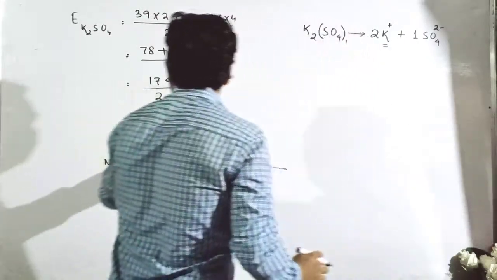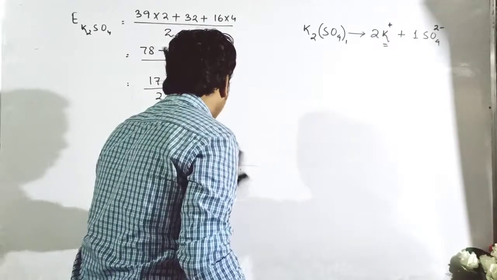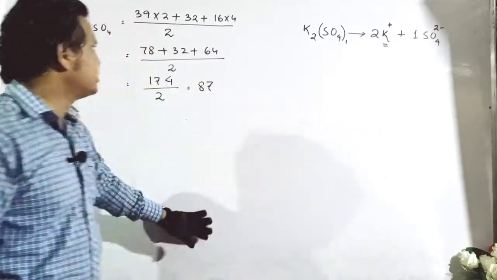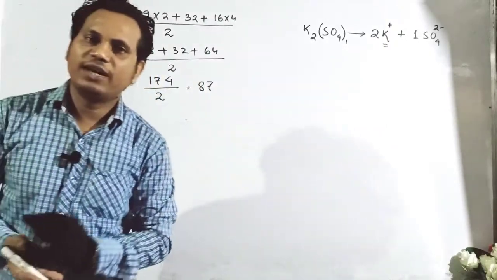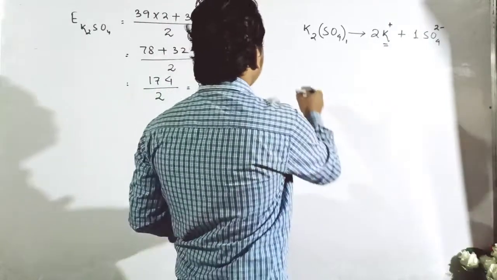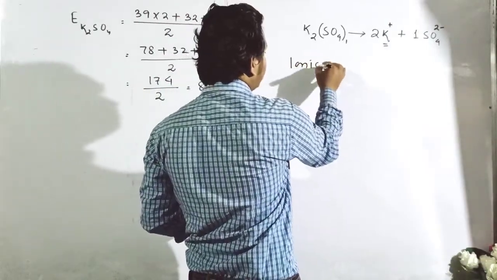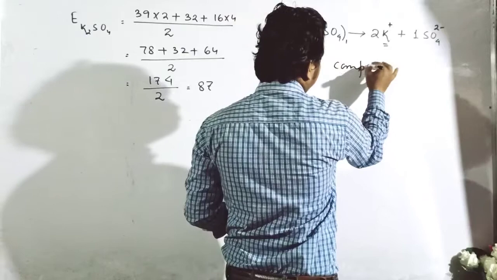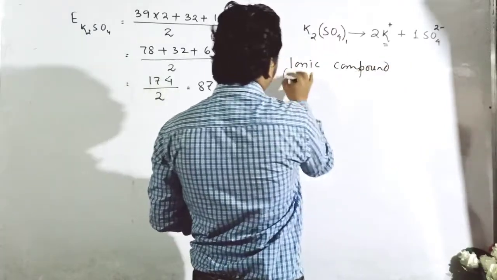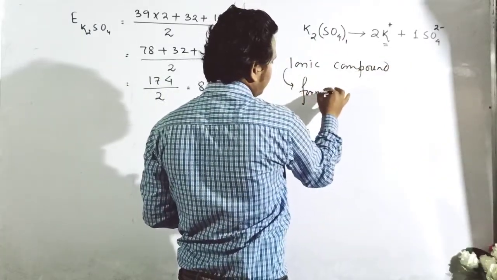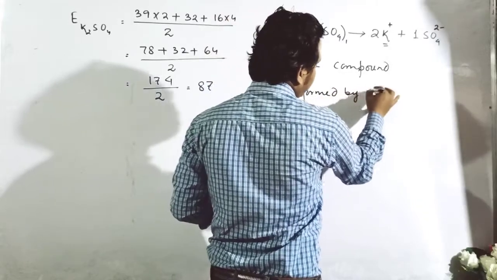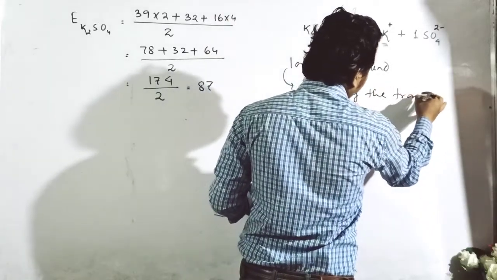Take one more example. Any ionic compound is there, and how can we find that the compound is ionic? An ionic compound is formed by the transfer of electrons.